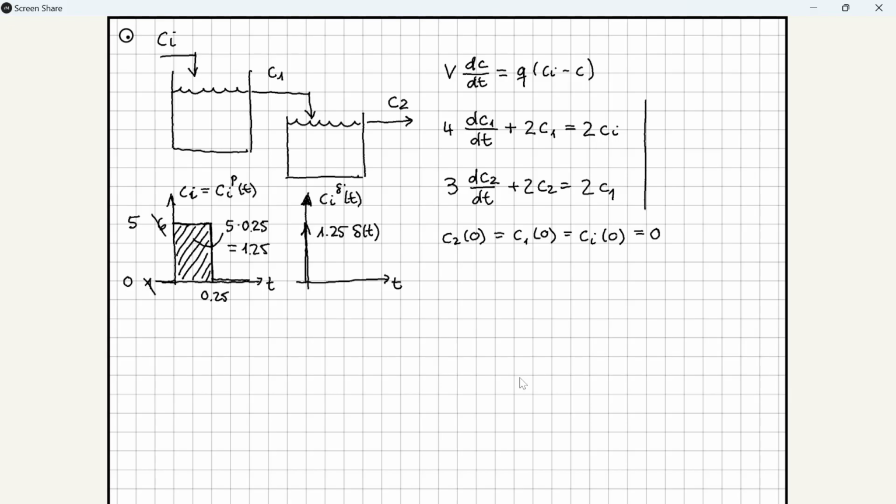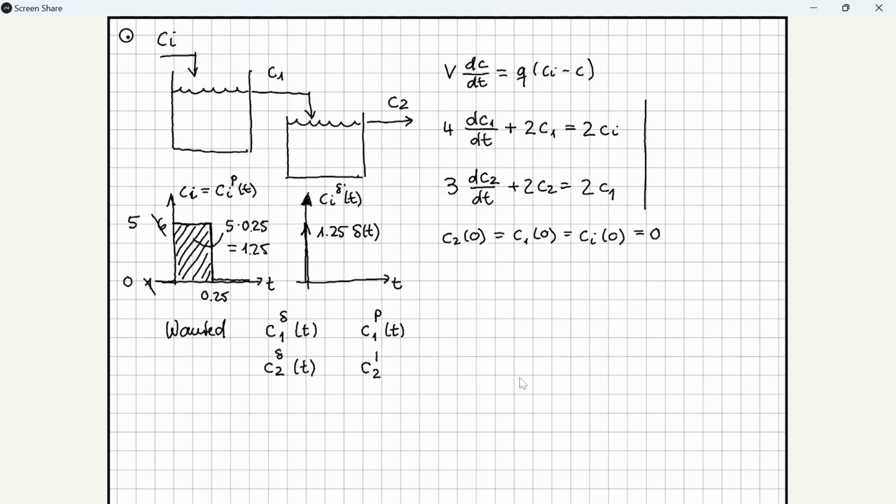So now we would like to know what is C1 if I have a delta input over time. I want to know how it compares to the pulse. And I want to know the same for C2. What is C2 for the delta pulse?